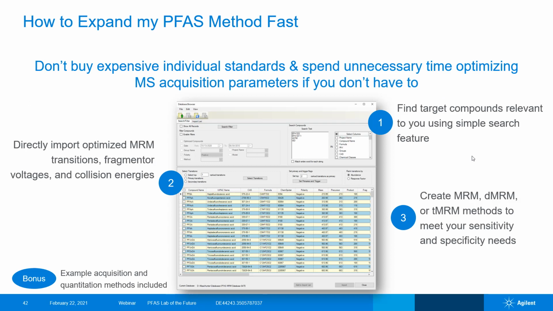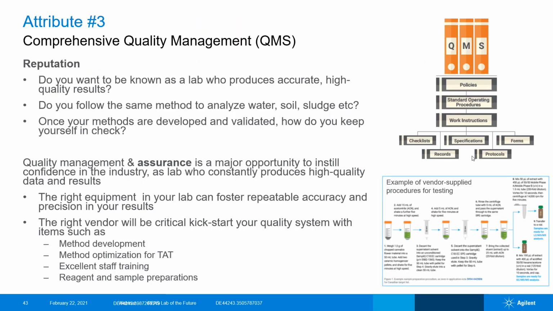You don't have to buy expensive individual standards and spend unnecessary time optimizing the mass spec and identifying the critical acquisition parameters, because all that is already present in the database for 100 plus PFAS. So this helps you expand your PFAS methods very quickly.